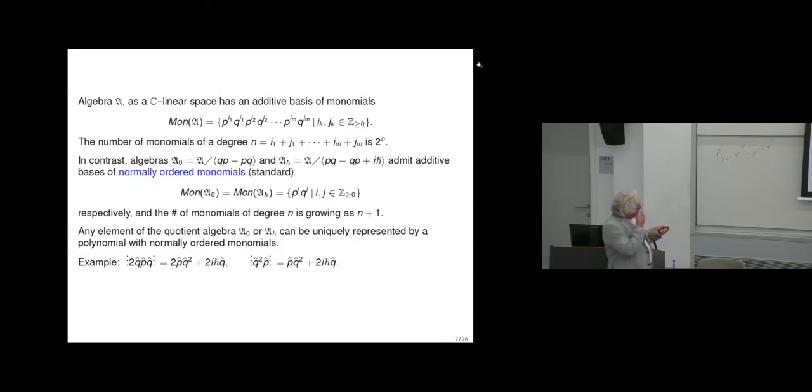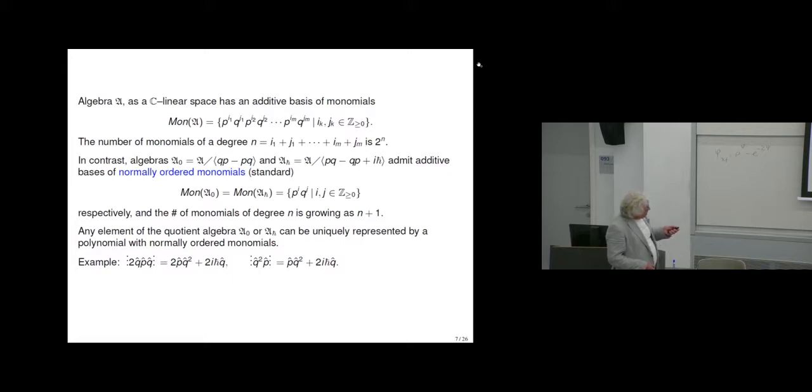But the commutative case can be seen as a quotient of the free algebra by the ideal generated by the commutator. Or the quantum case, where the quantum algebra is a quotient of the free algebra by the two-sided ideal generated by the commutation relation. We can always swap variables and put, for instance, P in front and Q behind. And the number of monomials grows like n plus 1.